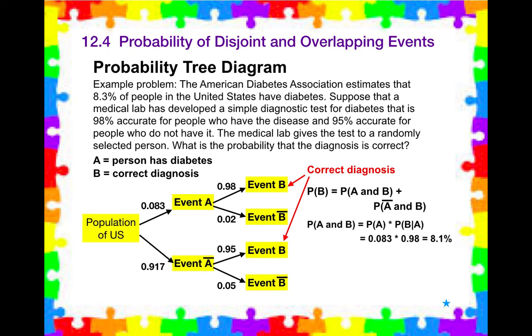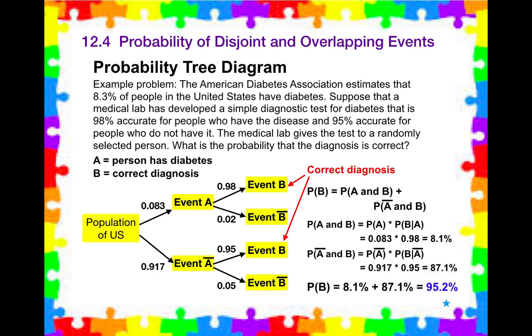So the probability of A and B is first 0.083 times 0.98, and that will give us 8.1%. And the probability of not having it and event B, which is a correct diagnosis, is going to be 0.917 times 0.95, which is 87.1%.